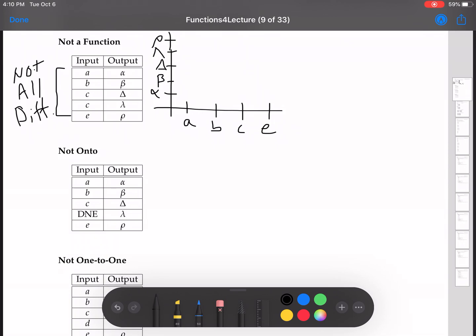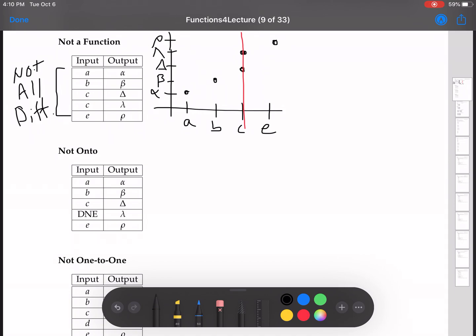A goes to alpha, that's that point. B goes to beta, that's that point. C goes to capital delta, the triangle, and C also goes to lambda. E goes to rho. So you can see here it doesn't pass the vertical line test, so it's not a function.